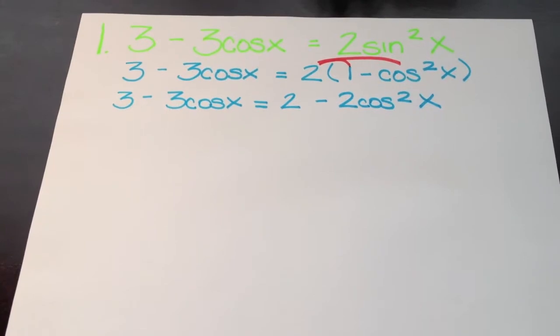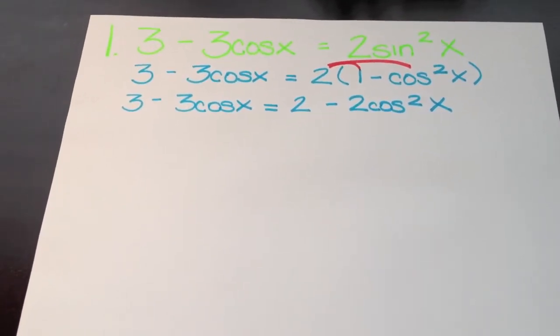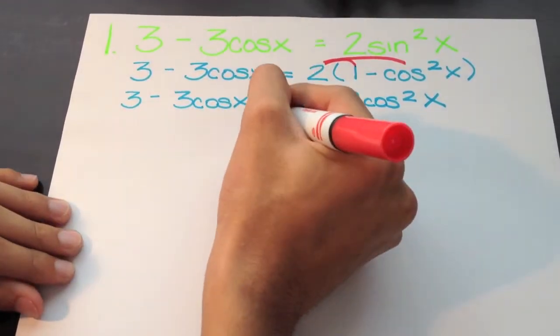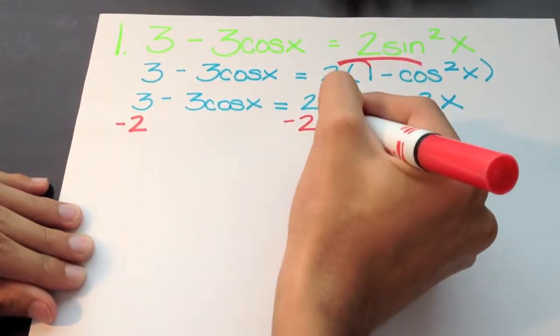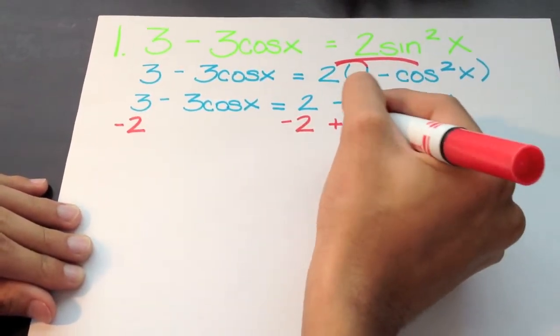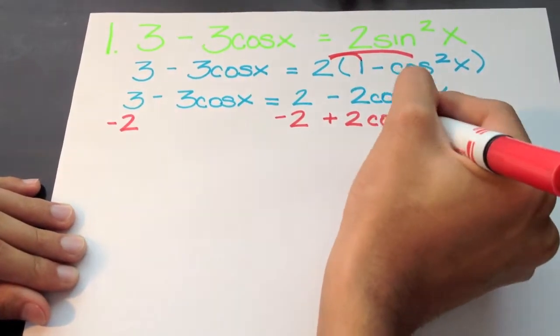Now we want to set the equation equal to 0. So we're going to subtract 2 from both sides and add 2 cos squared of x to both sides.